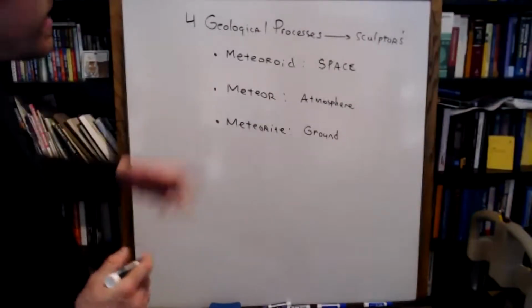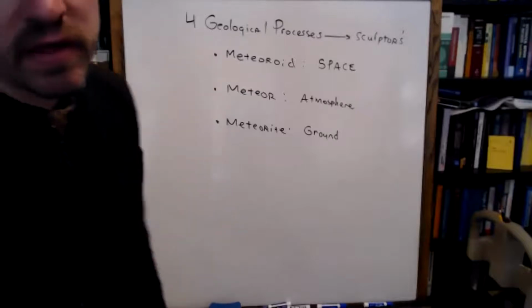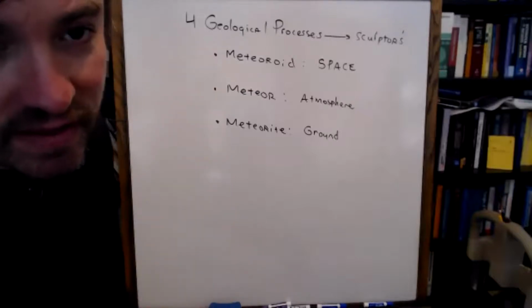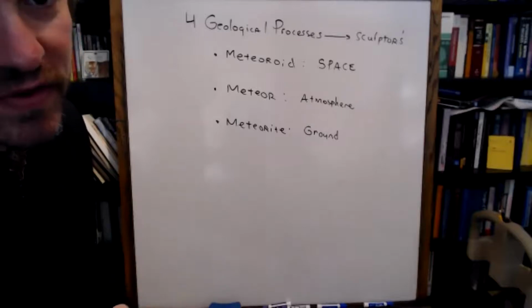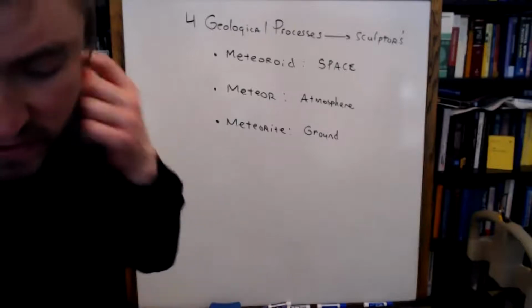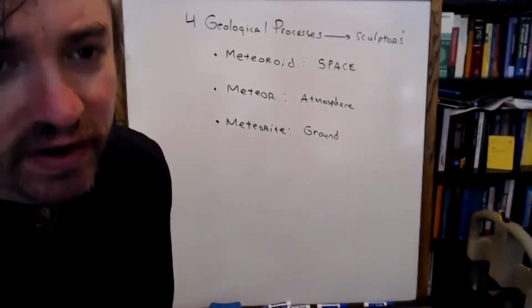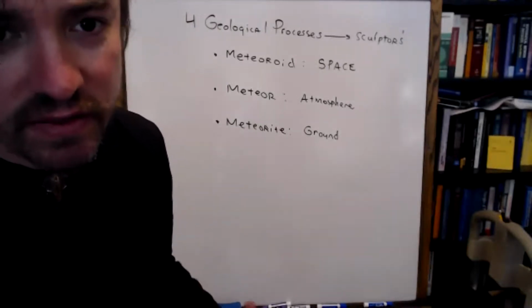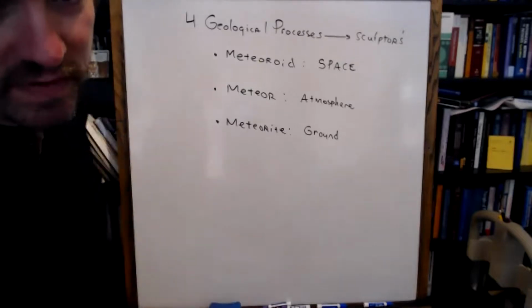Now, space rocks, meteoroids, can have several different origins. Some of them are broken off pieces of asteroids, or maybe an entire asteroid in itself. Others are pieces of rock that are broken off of planets. I think maybe 20% of all the meteorites found on Earth are identical to the surface composition of Mars, and they're rocks that seem to have been blasted off the surface of Mars.